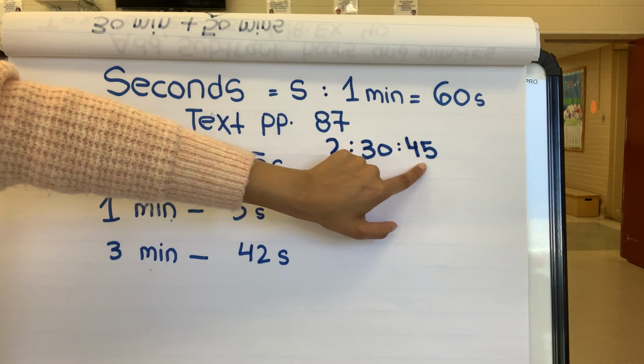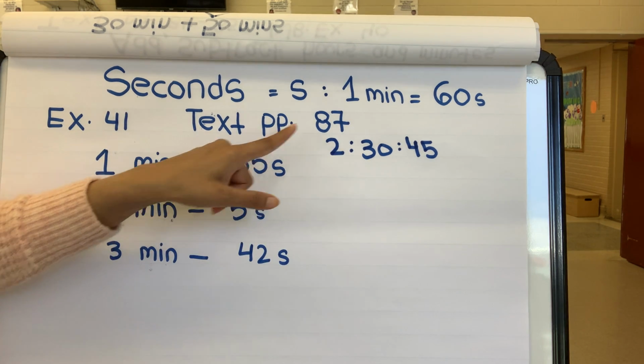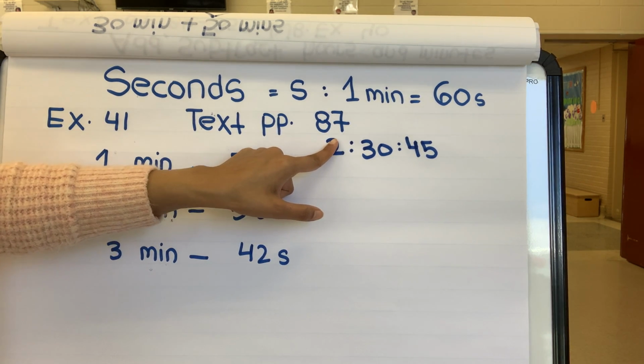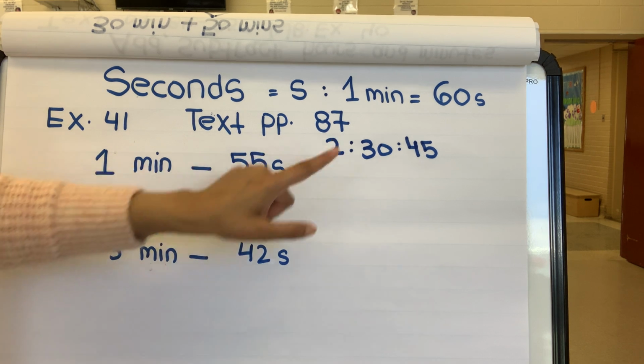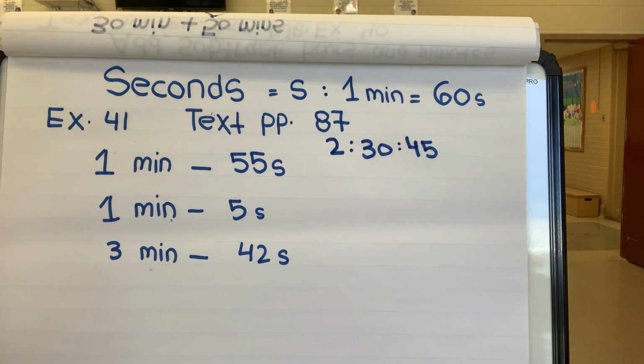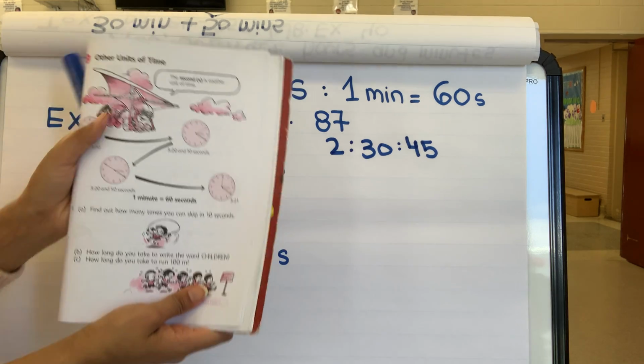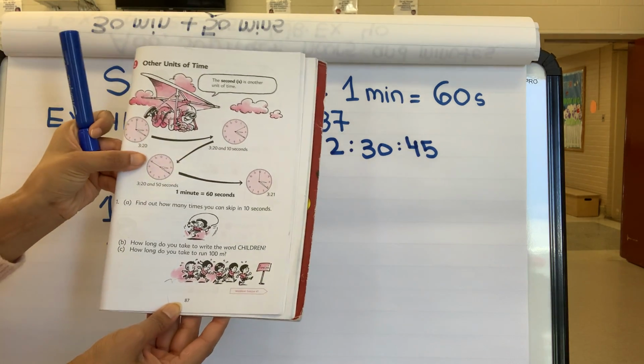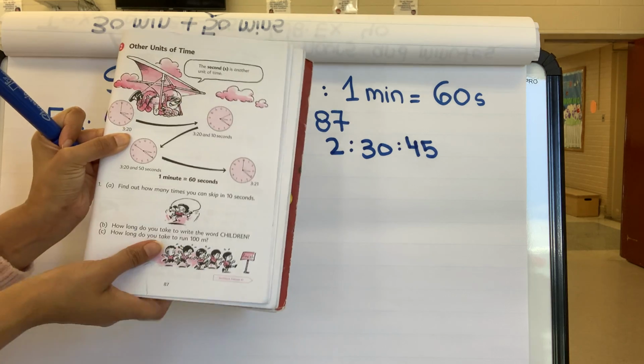Now, let us open our textbook to page 87. If you look at your textbook on page 87, it is asking you to do various activities, right? It says other units of time.